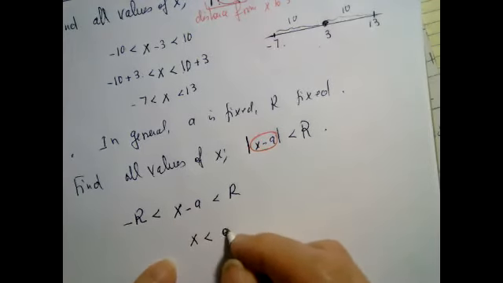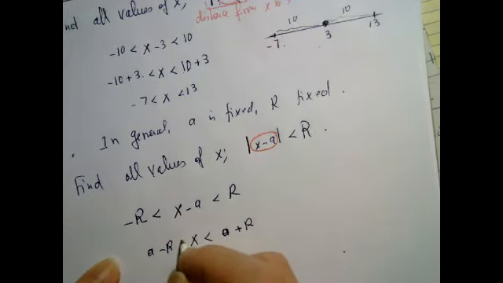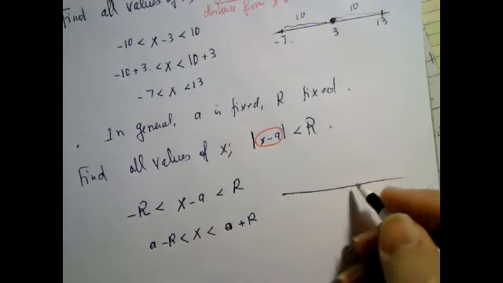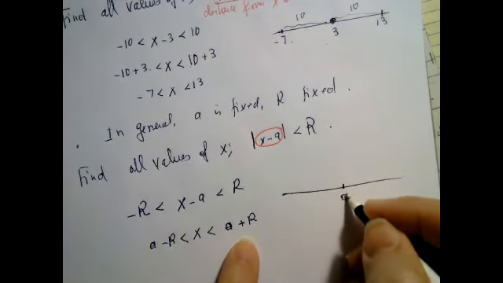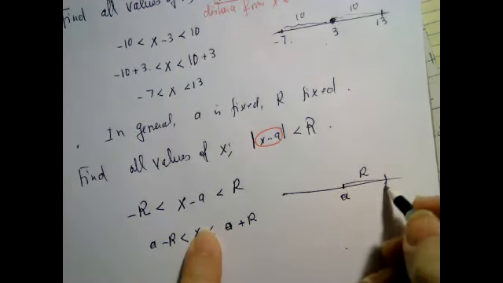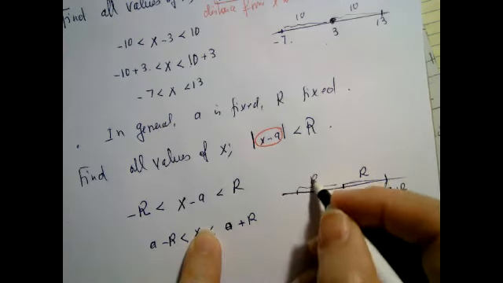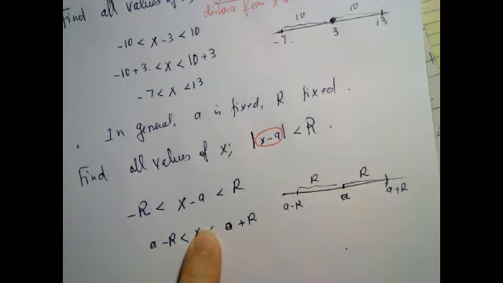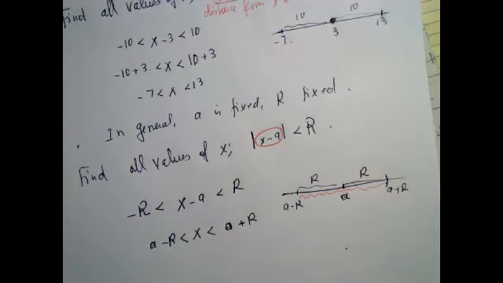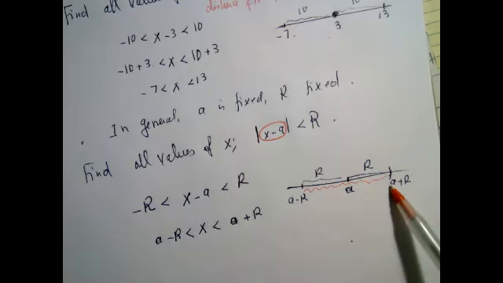I add R to A, and take away R from A. So graphically, if this is my A, x is between A plus R and A minus R. And this is where my x is. It means the x is in the interval centered at A with radius R.